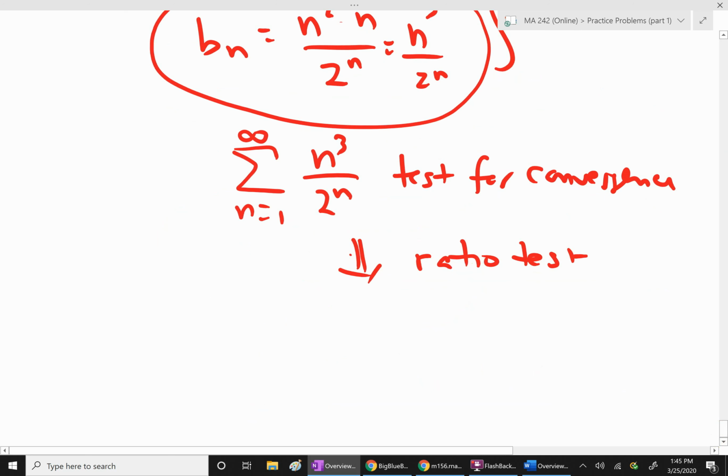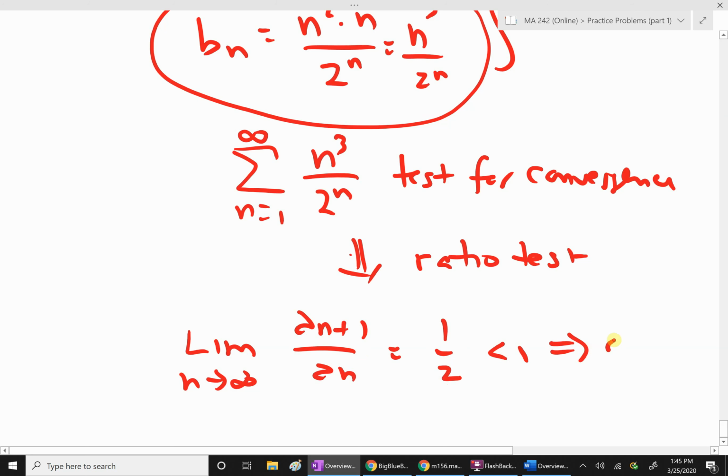I'm going to leave this as an exercise for you to show that when you use the ratio test, the limit as n goes to infinity of b_(n+1) over b_n is 1/2, which is less than 1. Therefore, this series converges.